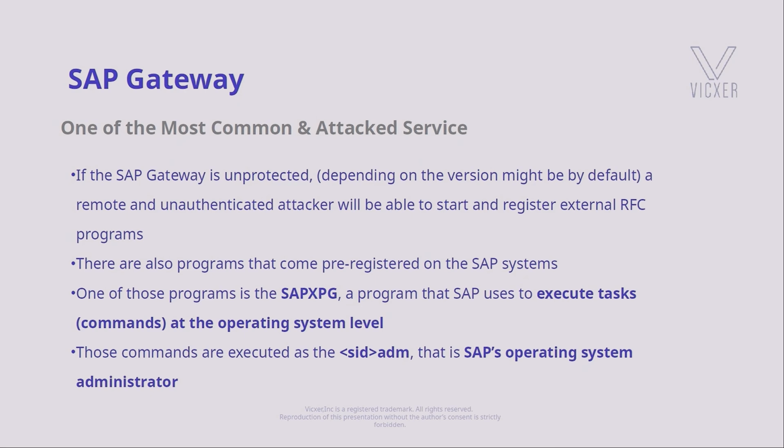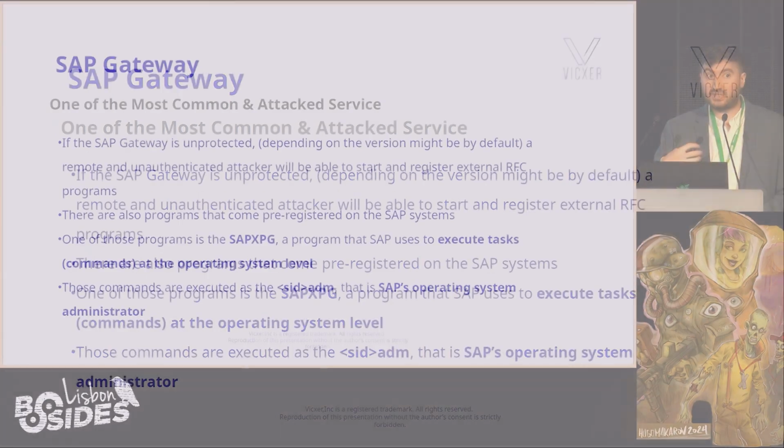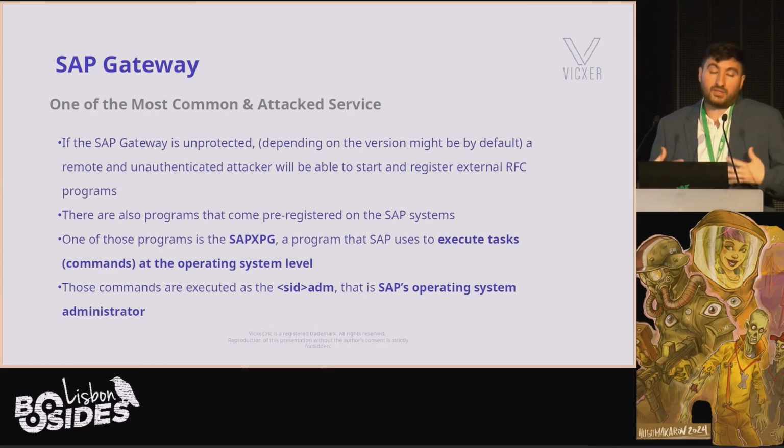One of those programs, and the program that we are going to exploit, a program that SAP uses a lot, and when I say a lot, it's like a lot, is called SAP XPG. This SAP XPG will allow the SAP system to execute tasks, operating system commands at the operating system level. And it's going to do that with a user that is called CDADM. The CDADM is the SAP's operating system administrator.